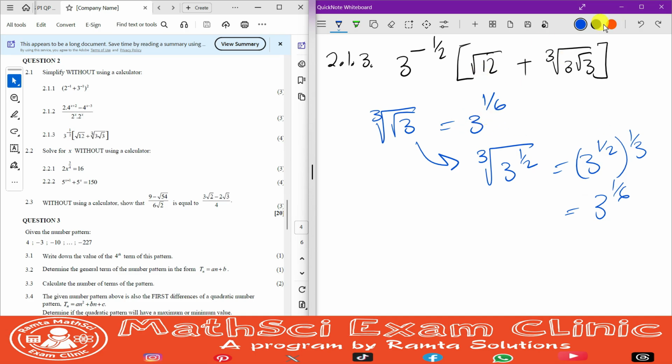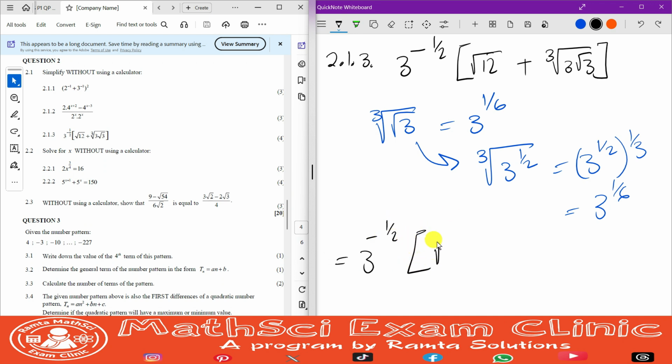Cool. While we are on it, you see we will be working with some 3 here. It tells us that this 12, we can somehow break it down to include a 3. And I'll show you. Let's answer the first short scenario. So leave the 3 to the power negative half as is.